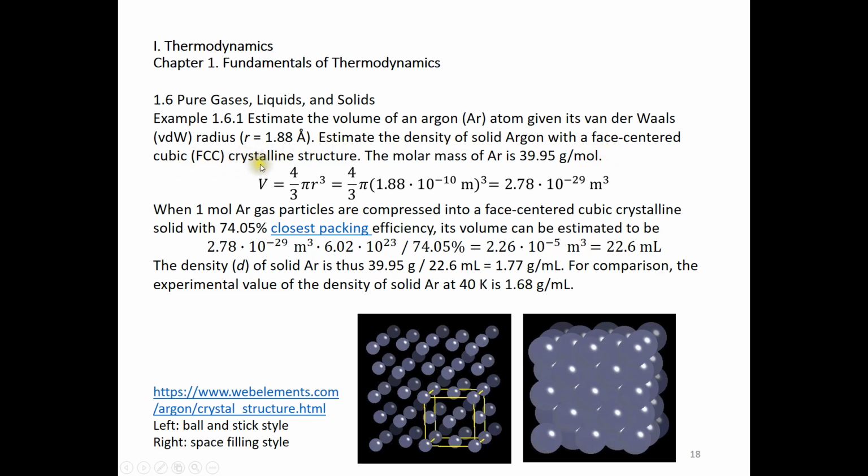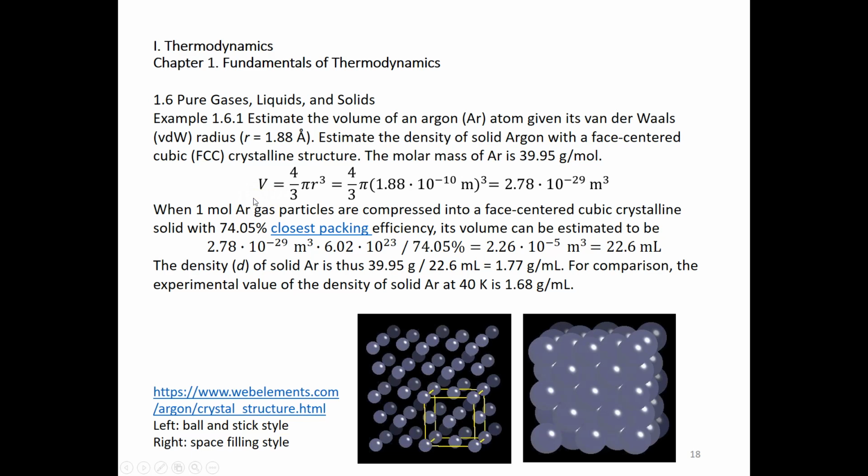So first, let's calculate the volume of one argon atom. We're going to assume this argon atom has a spherical shape. The formula is 4/3 times pi r to the power of 3. And we plug in the value of r. 1.88 angstrom is 1.88 times 10 to the power of negative 10 meters. We do the calculation, the result is roughly 3 times 10 to the power of negative 30 cubic meters.